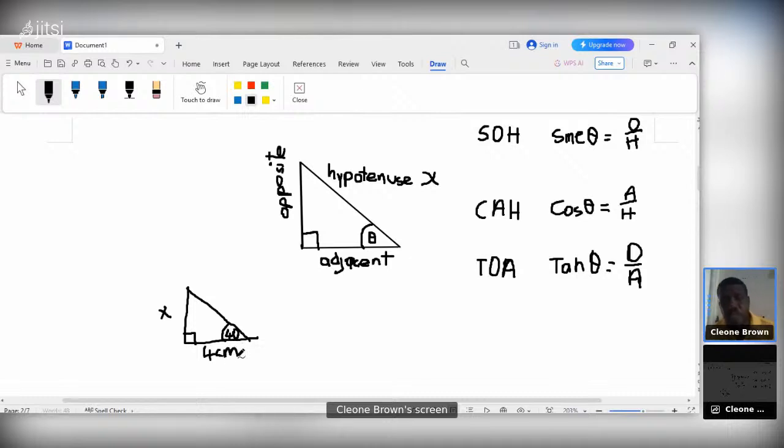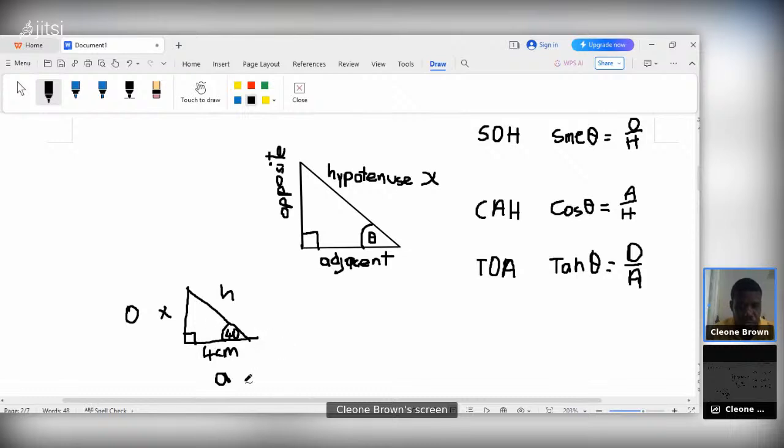Now, which one of the ratios would we be using? Send me a text in the chat and let us see what you think. We know the sides of the triangle: we have the hypotenuse here, the opposite side here, which is facing the reference angle, and the adjacent side here, which is 4 centimeters, as it joins the reference angle and the 90-degree angle.